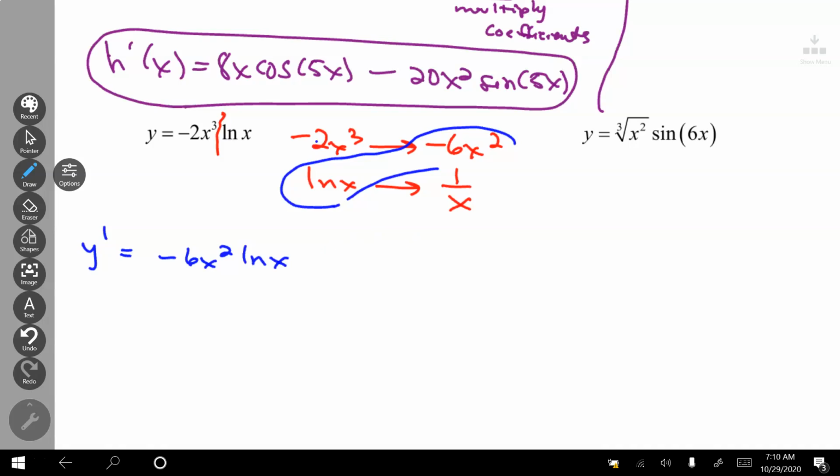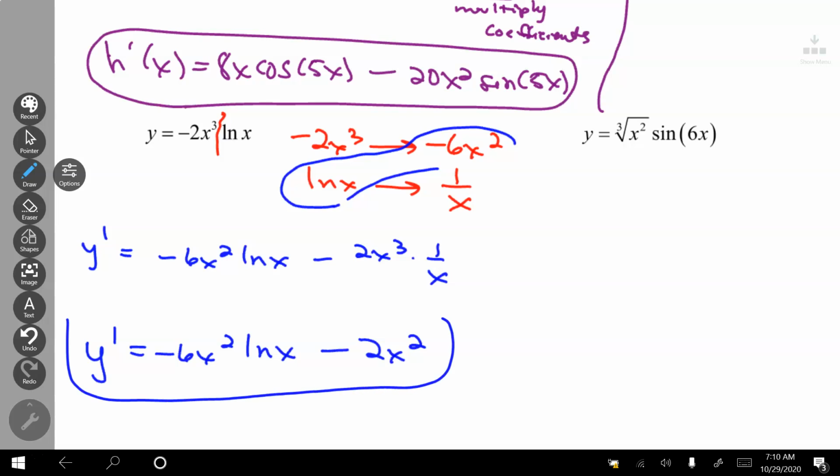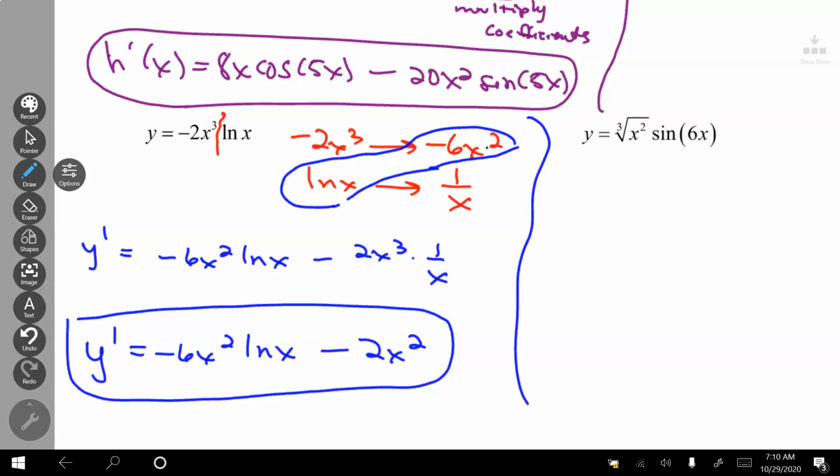And then plus, but there's really a minus, 2x cubed times 1 over x. And I have to multiply this out. Negative 6x squared ln of x minus, well, one of the x's will cancel out, 2x squared. That's my final result. This is the other crisscross.